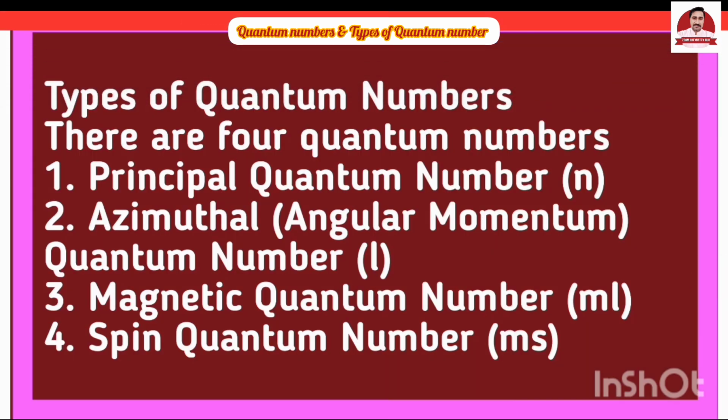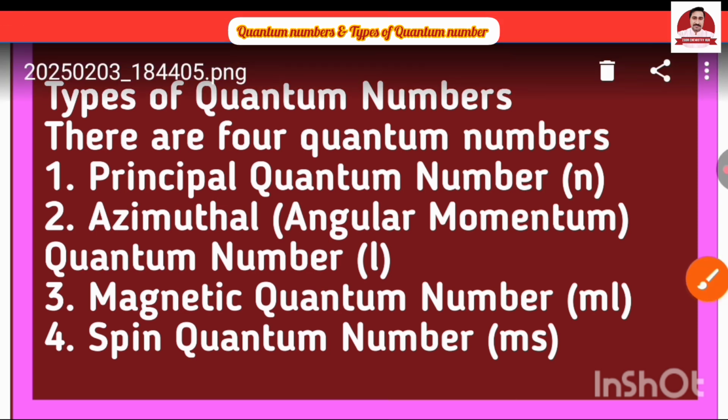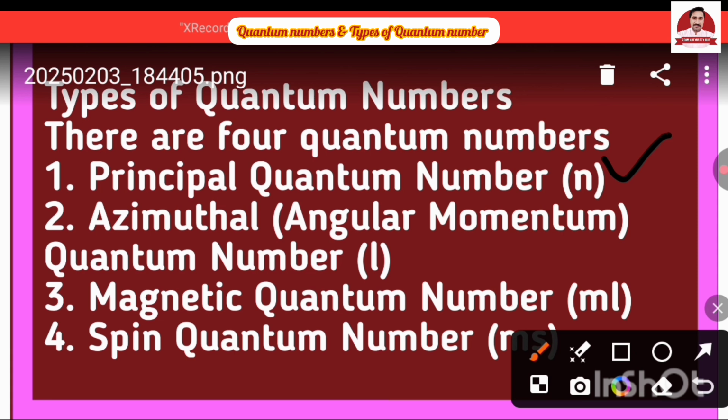Next, what are the types of quantum numbers? There are four types of quantum number. Principal quantum number, represented by small n; azimuthal quantum number, represented by small l, and it is also called the angular momentum quantum number.